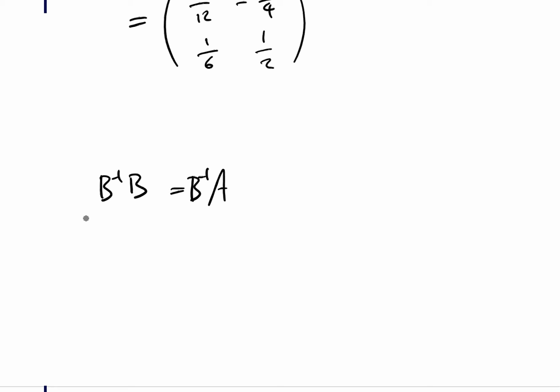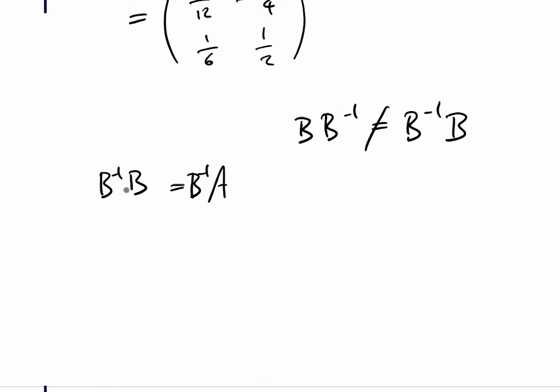So the new thing we're multiplying here is B inverse, so we have to stick it out the front, because of course B multiplied by B inverse is not equal to B inverse multiplied by B. So we make sure that we stick our multiplier out the front, and that's the same on both sides. Okay, and what is B inverse multiplied by B? Well, that's the identity matrix.